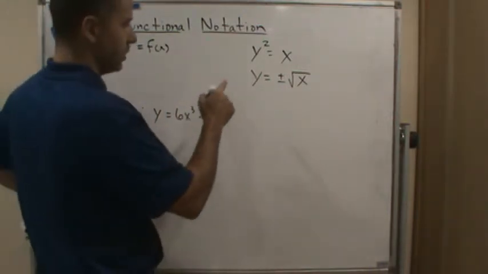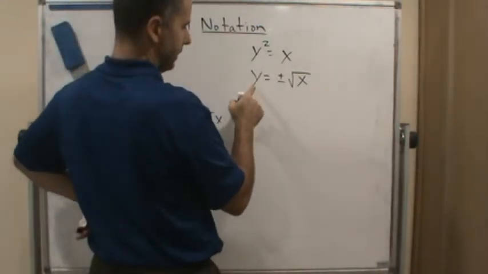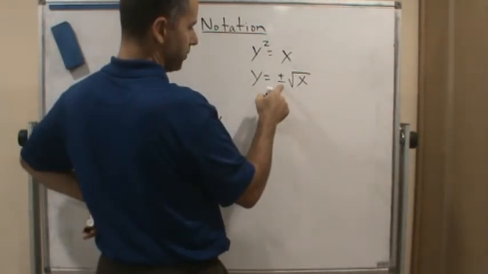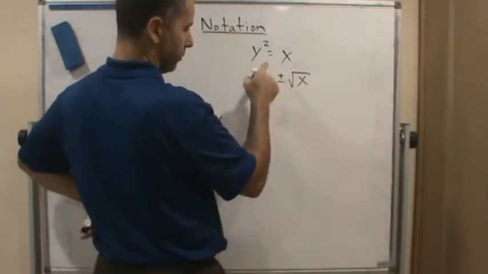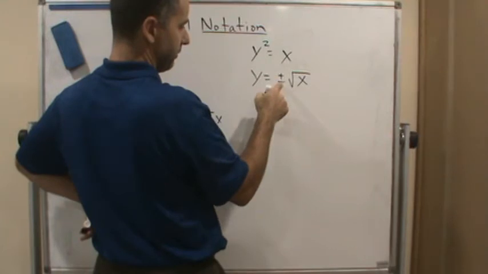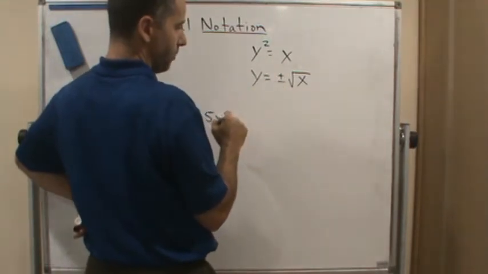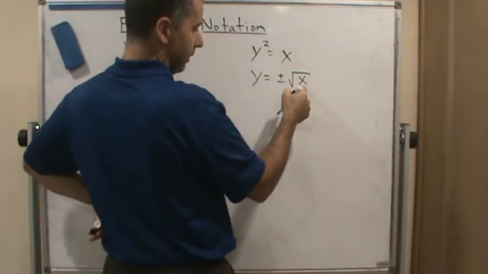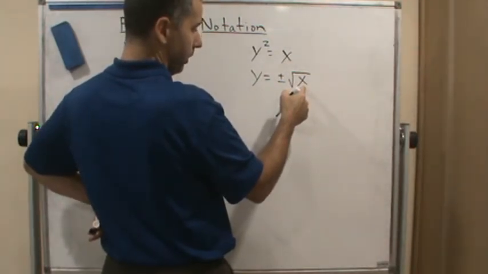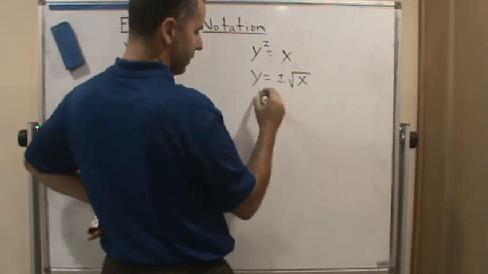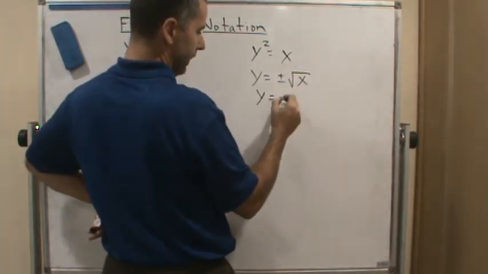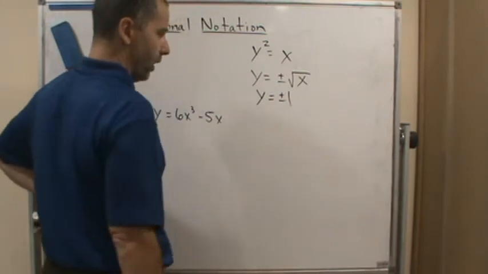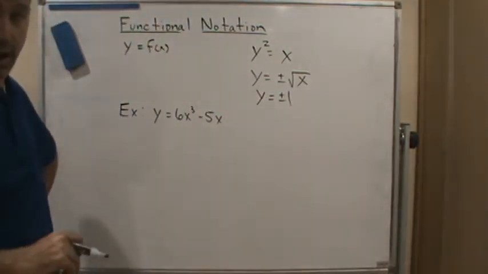Because when I take the square root of both sides, I get y equals plus or minus the square root of x. Remember, when you take the square root of both sides, you have to have plus or minus here. Because I can take x and put 1 in here. So when x is 1, y is equal to plus or minus 1. That means there are two values of y.